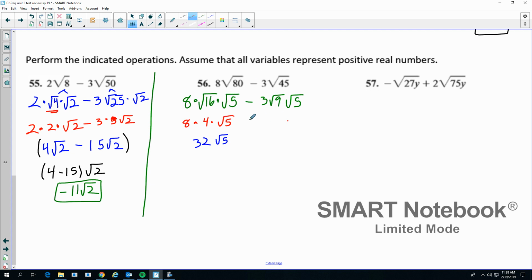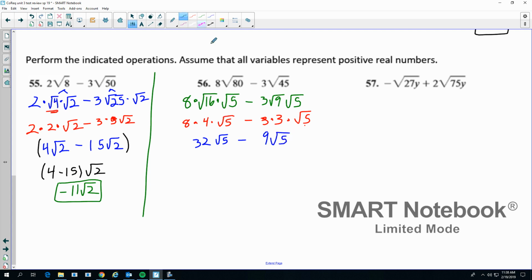Then we can go ahead and take the square root of 9. That's going to give us a 3, and then you have the square root of 5 right here. So we can multiply those 3's together, which gives us 9, and then square root of 5.